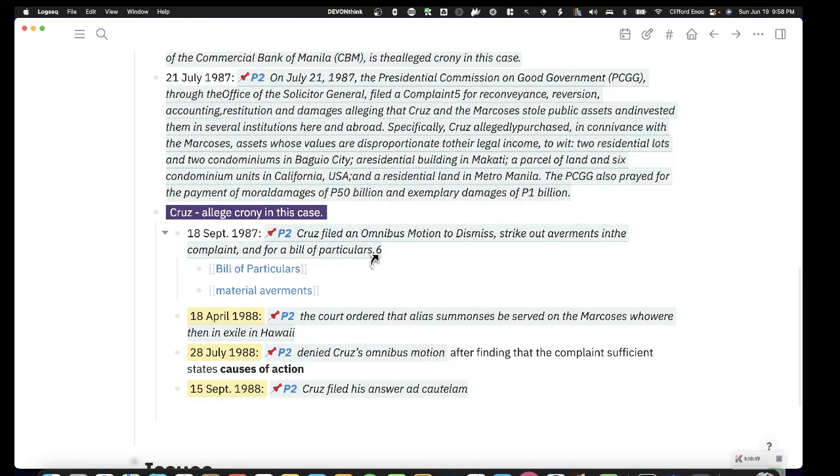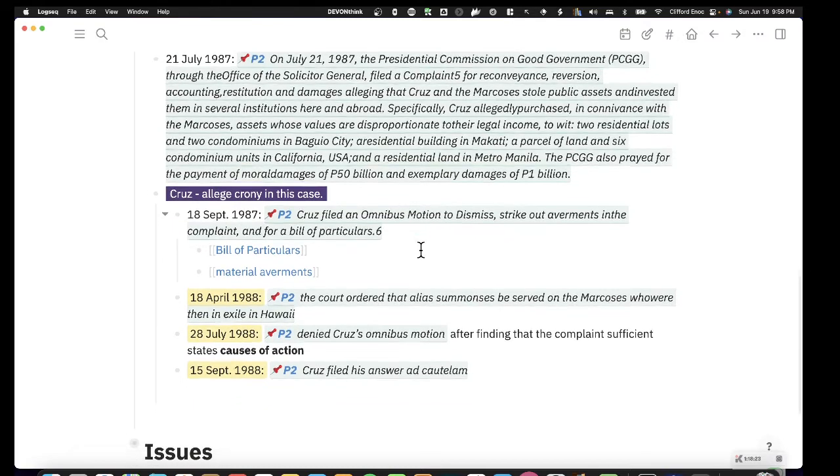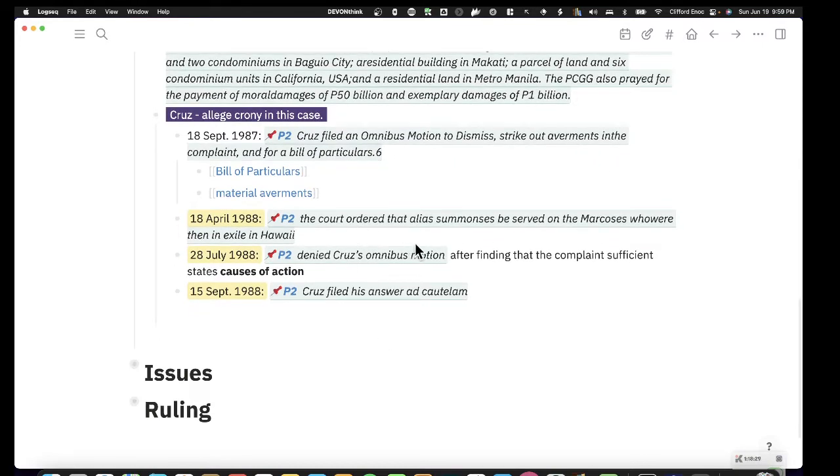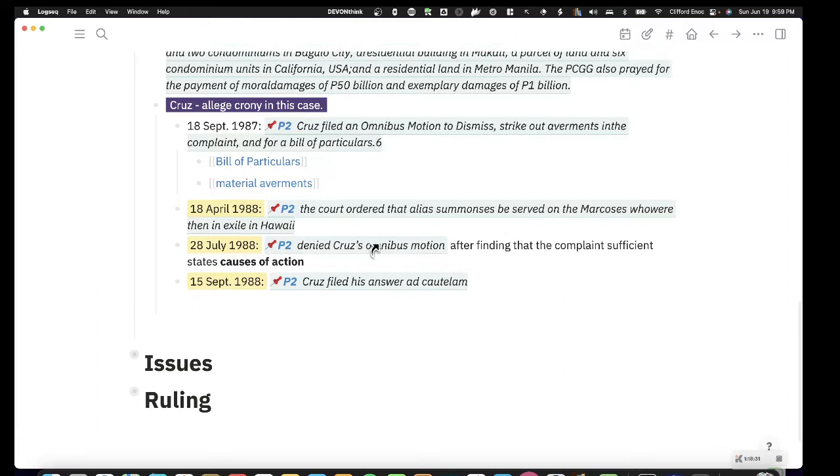Okay, and then ano nangyari ito, pag September 18, si Cruz, file siya ng motion to dismiss, strike out averments, the complaint, and then ordered na i-serve ni Marcos. But itong marami itong mga timeline dito, and then nag-file ng answer si Cruz.